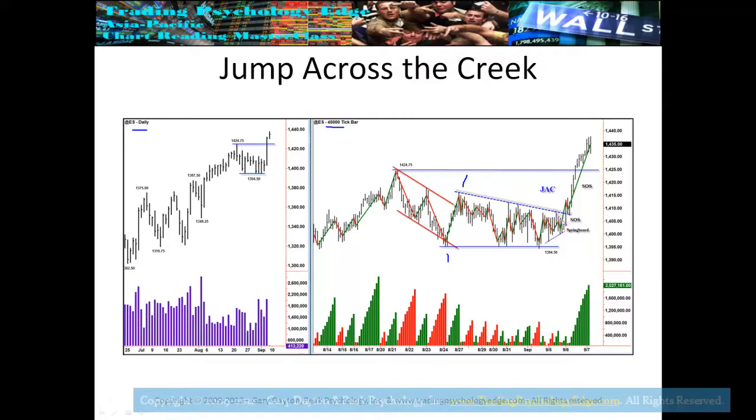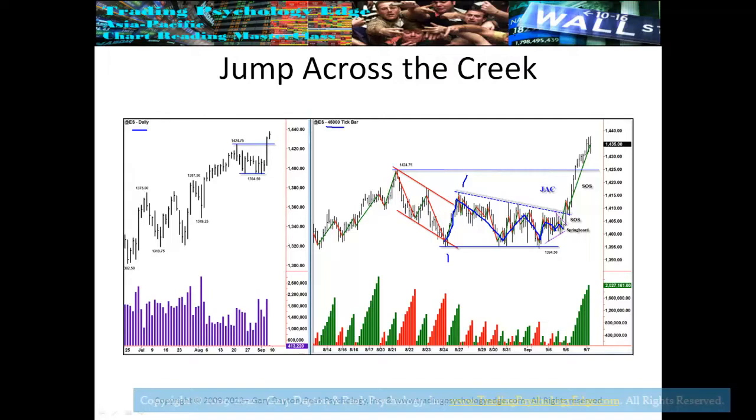Now, one thing that will occur often in a trading range like this is that the swings will be wide in the early part of the range, but then they narrow down, right? Don't they? Towards the end. And that's a clue that we're getting down towards the end, okay?